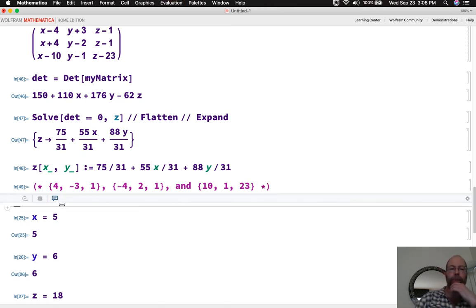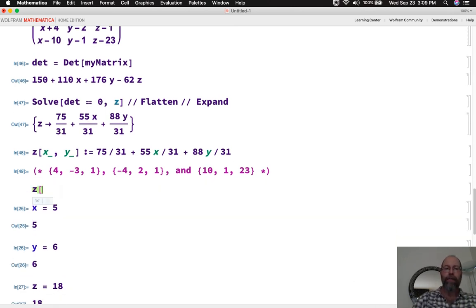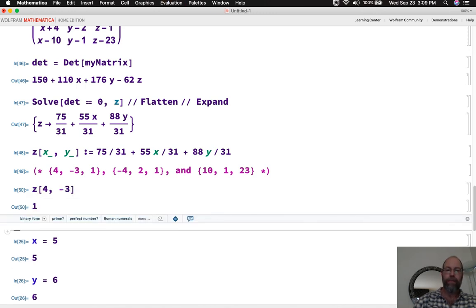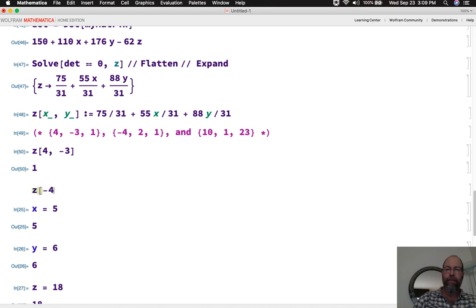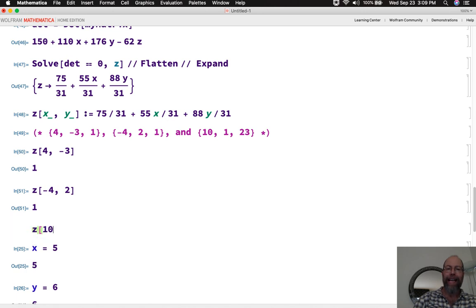Okay, those are my points. So if x is 4 and y is -3, I should have 1. If x is -4 and y is 2, I should have 1. And if x is 10 and y is 1, I should have 23.